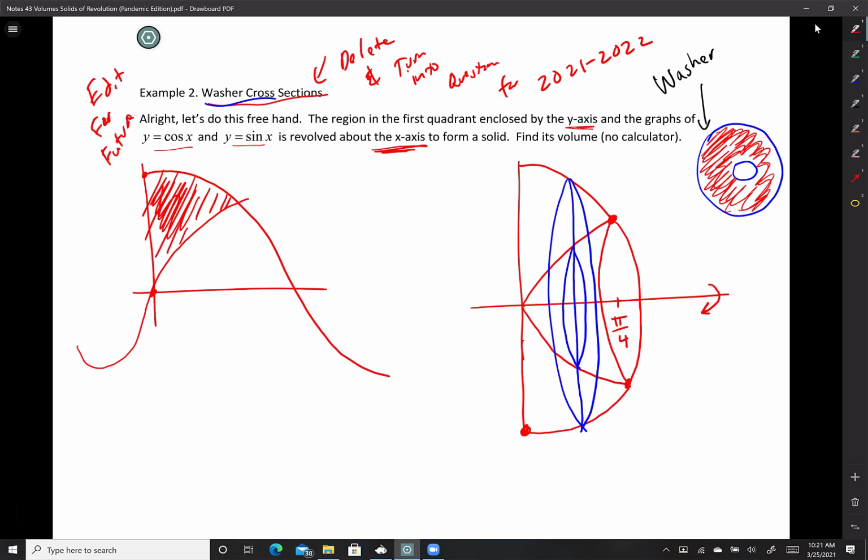So how do I find area of that washer? Well, in math, this has two radii, right? The big radius, the distance from here to here, they call that the big R. So they write a capital R. And then the little void here, the little circle, they call that little r. So if I want to find the area of the washer, you would say pi big R squared minus pi little r squared.